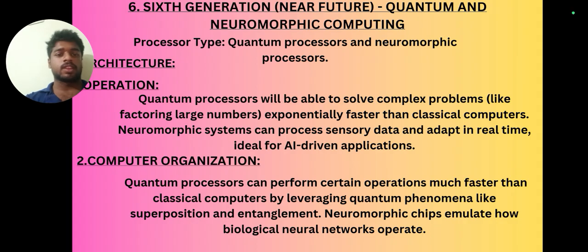Neuromorphic systems can process sensory data and adapt in real time, ideal for AI driven applications. In the organization, quantum processors can perform certain operations much faster than classical computers by leveraging quantum phenomena like superposition and entanglement. Neuromorphic chips emulate how biological neural networks operate.